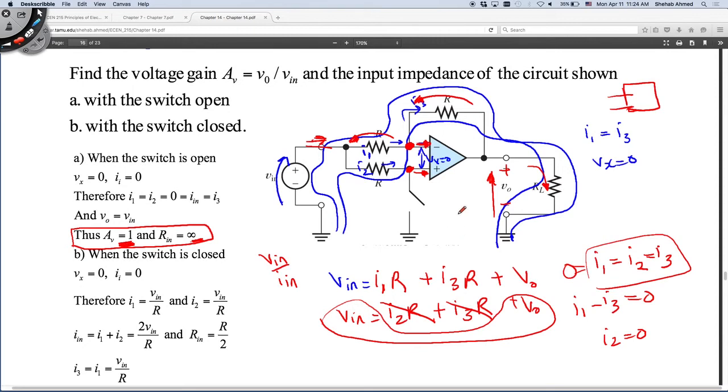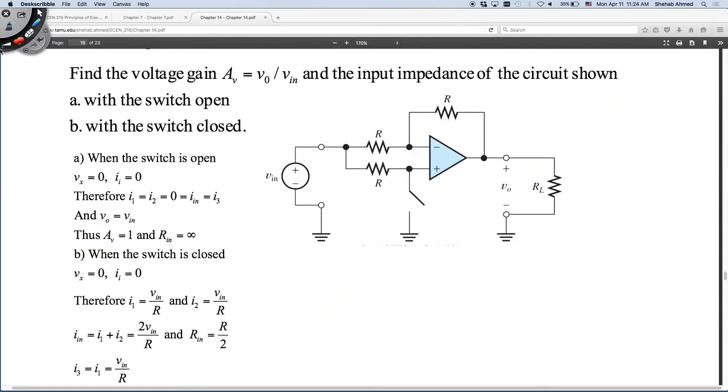Now the second case, where this is connected. If I connect this, things are easier, and a lot of things don't change.